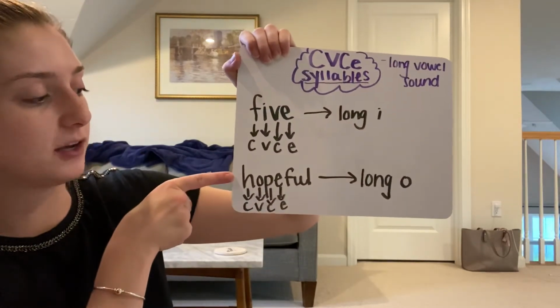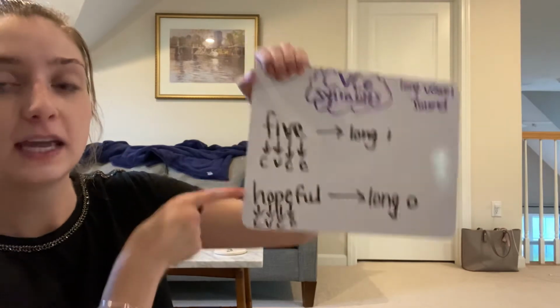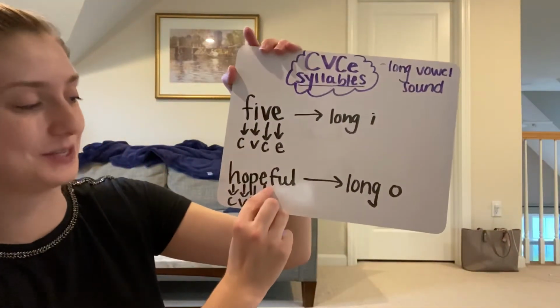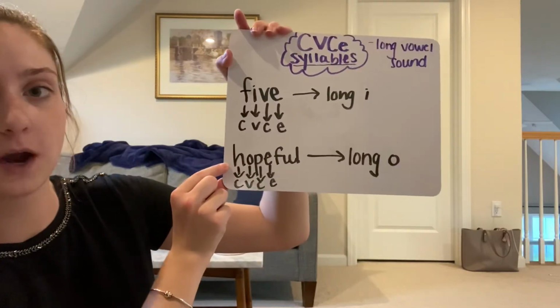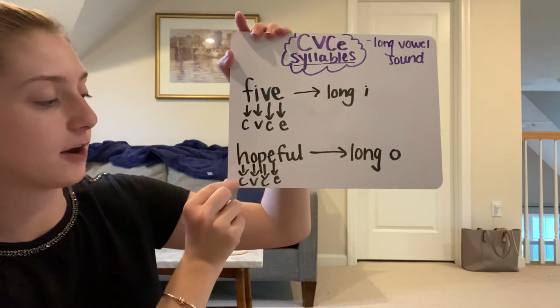So let's start by looking at the word hopeful. If I asked you to clap that out and see how many syllables there are, you would say hopeful, right? You have hope and then the suffix of full, full of hope. So hopeful, 2 syllables, okay? So we separated the 2 syllables, hope and full. Looking at that first word, hope, it follows the pattern.